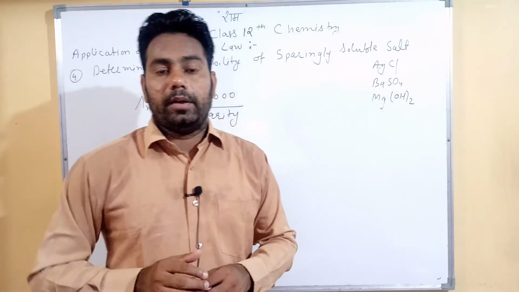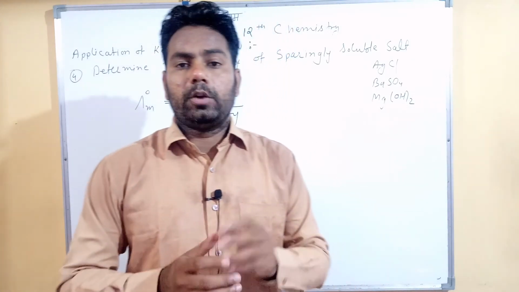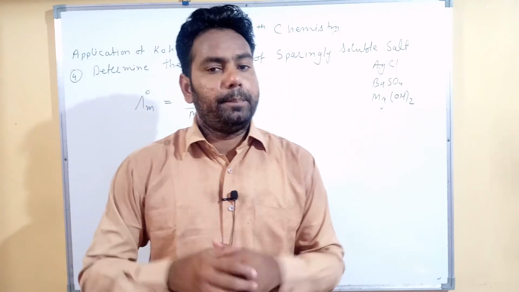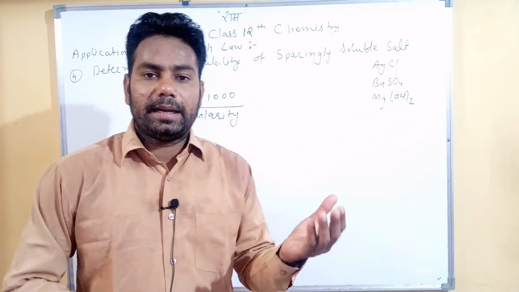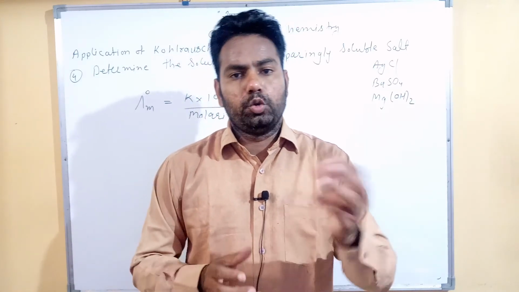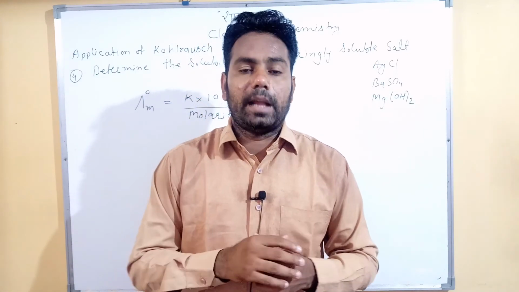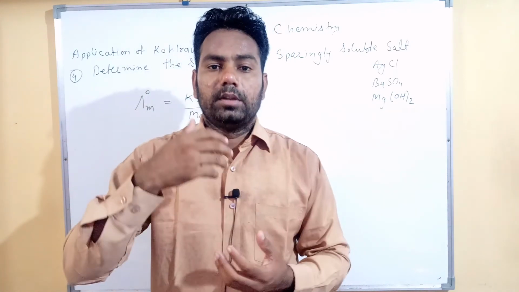Now I think this chapter is complete. The remaining portions are batteries, which are of two types, primary battery and secondary battery. A primary battery is one which you use and throw; the chemical reaction occurs only one time and there is no recharge.